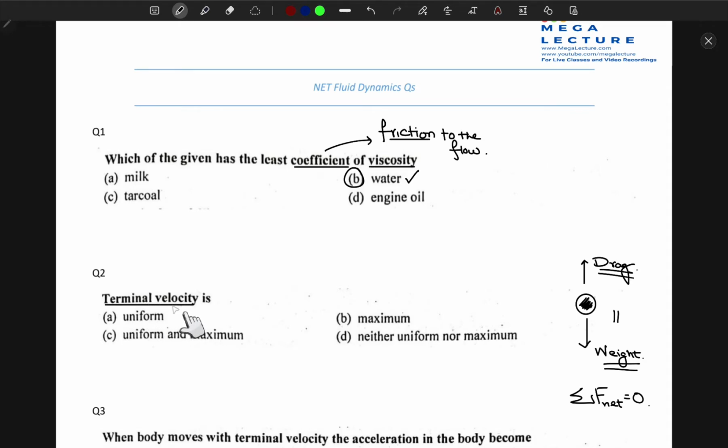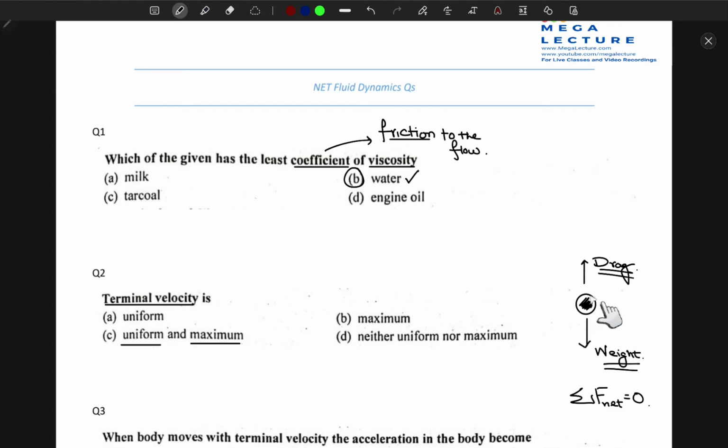So this speed which it gains would be uniform, and it would be the maximum speed that the object will have, right? So it would also be the maximum velocity. Now you might think, why maximum? The reason is, in a practical case, there is always drag acting on the body. And whether it be a practical or an ideal case, the weight force will always be there as long as there is some gravity, right?